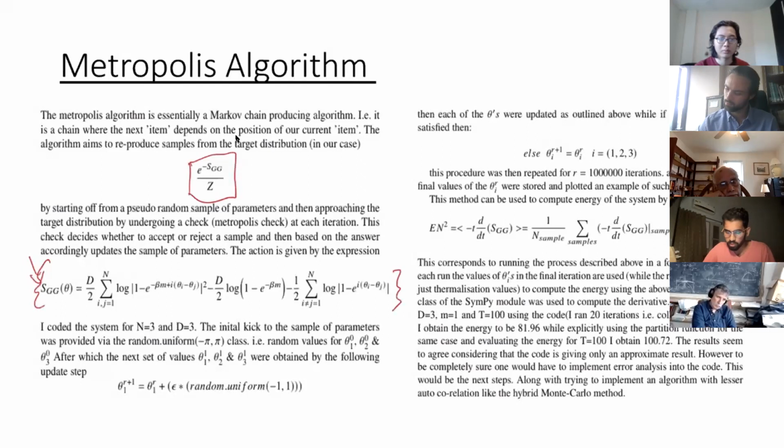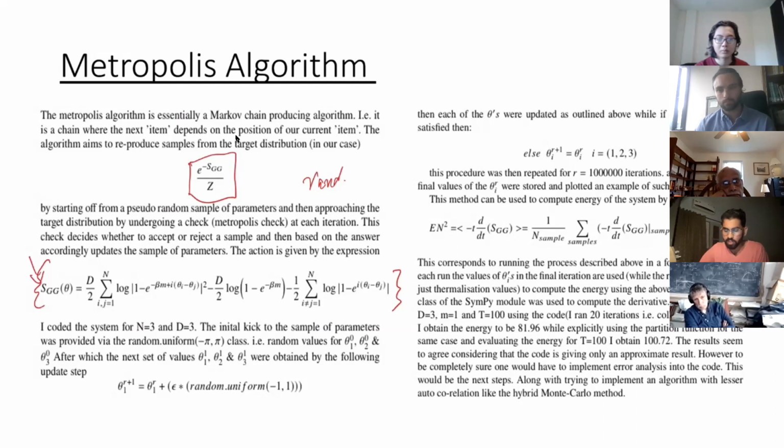And so using this formula and starting off with a pseudo random assignment for the sample of parameters, where I used the random.uniform class from Python to assign initial random values to the thetas. Well, to be precise, I solved the system for n equals 3 and d equals 3.